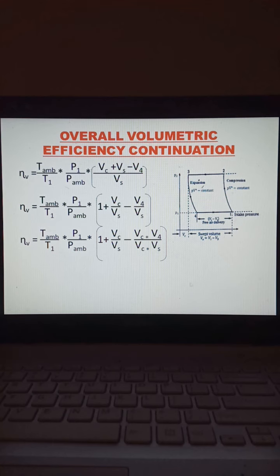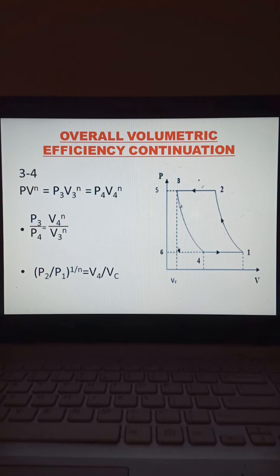I will multiply numerator and denominator with Vc. So it will become 1 plus Vc divided by Vs minus V4 into Vc divided by Vc into Vs. Now, what does 3 to 4 mean? It is nothing but the polytropic expansion of the high pressure, high temperature gas in the clearance space.